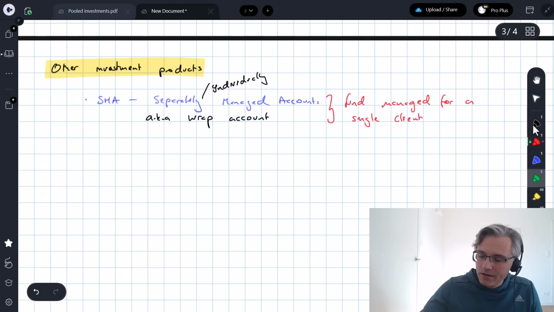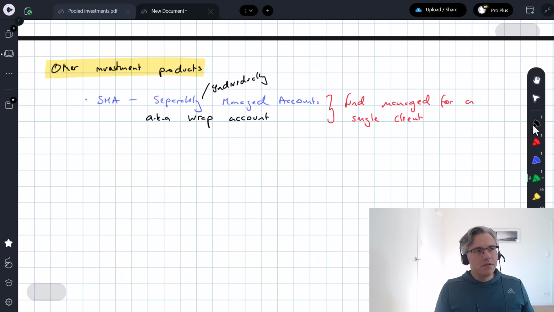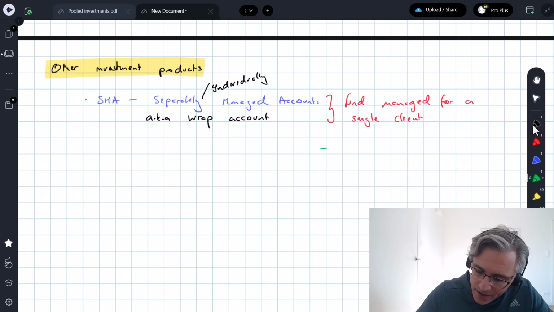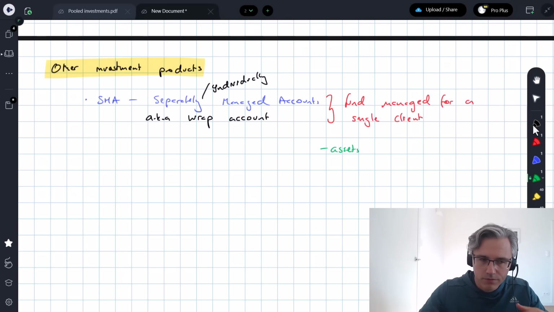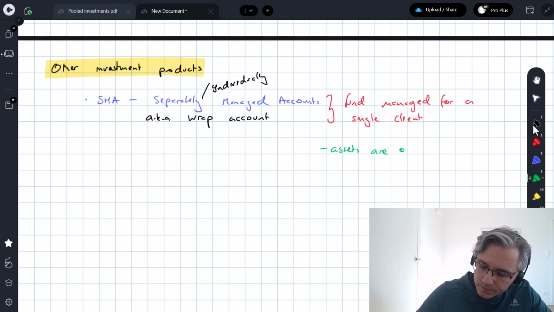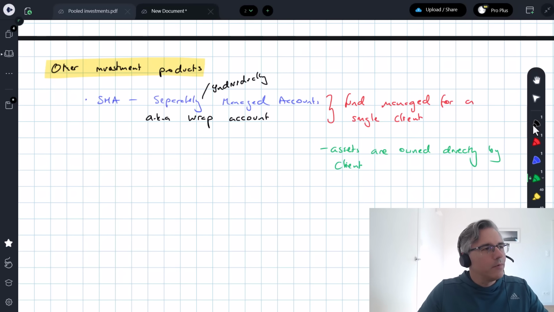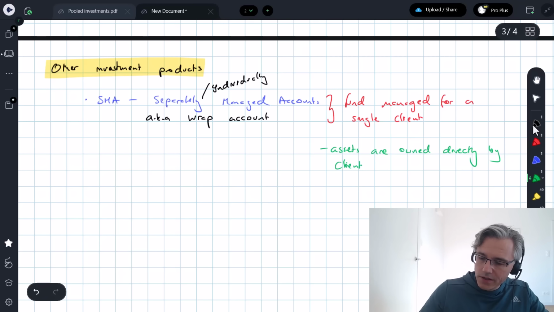Now, unlike with mutual funds, where the funds are owned by the fund and investors have shares of the fund, here the assets into which we invest are owned directly by the client. And this is something I remember also covering when we did alternative investments, or when recording the video on alternative investments.